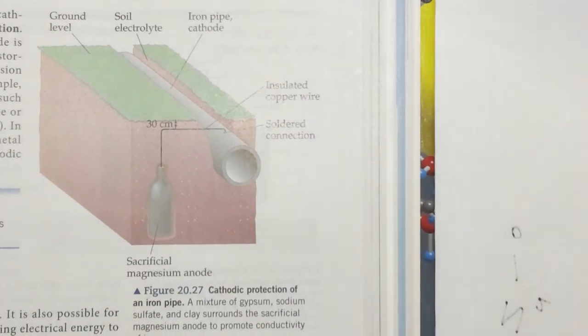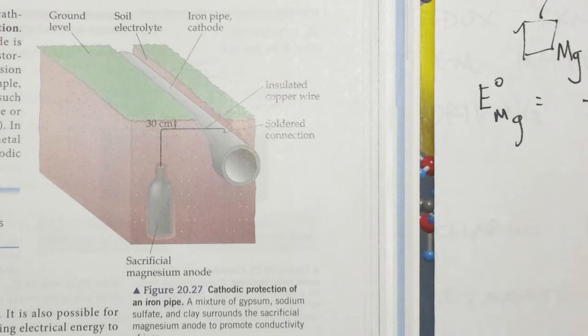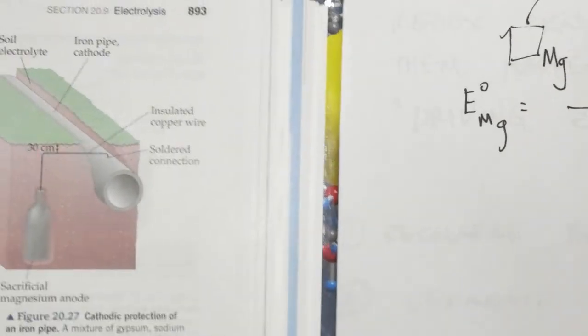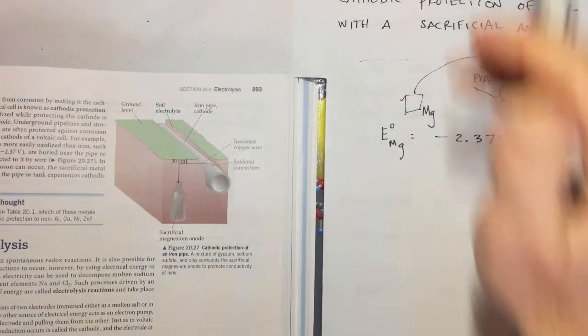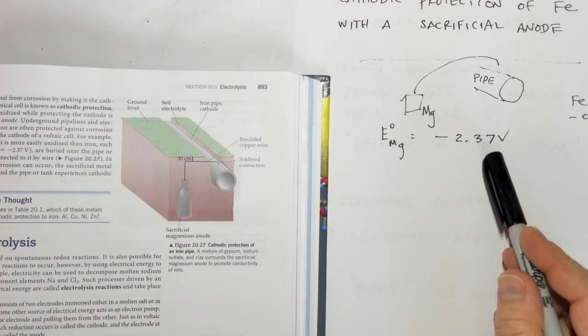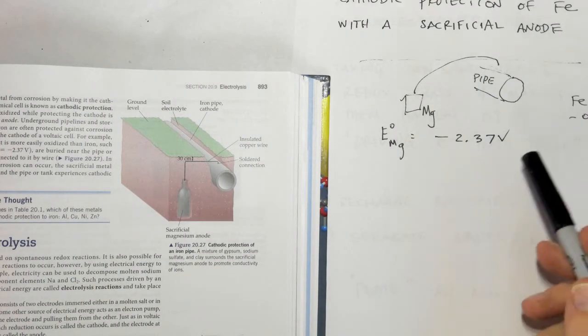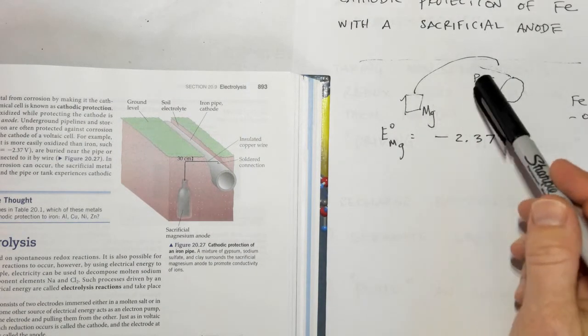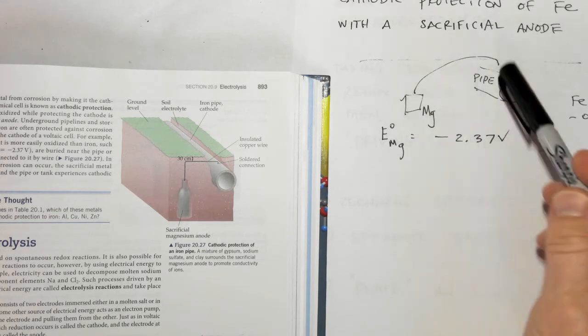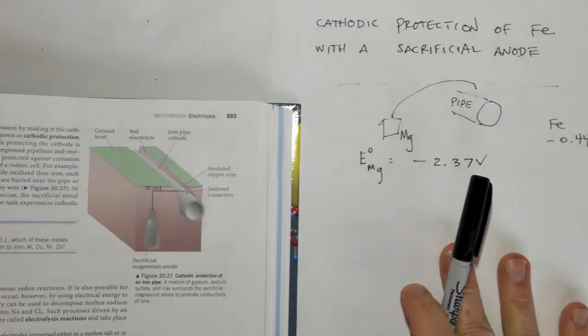Magnesium's standard reduction potential is way below iron's, and so magnesium at negative 2.37 volts would very easily be oxidized. In effect, we're making a little electrochemical connection.